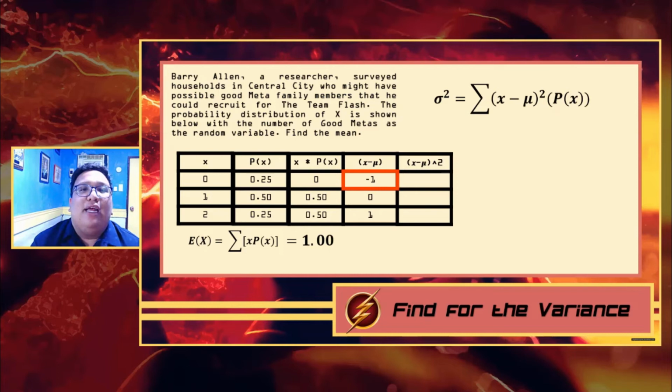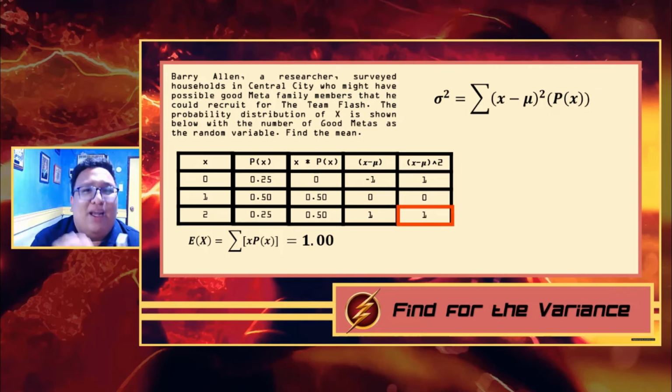Okay? That's our fourth column. So, that is negative 1 squared. That would be 1. And then we have 0. That is also 0 when squared. Right? 0 squared is 0. And 1 squared is 1. Alright? So, what's the next thing to do?